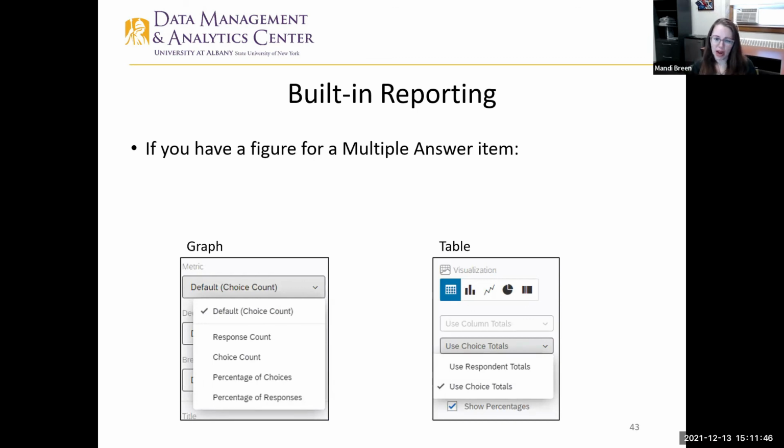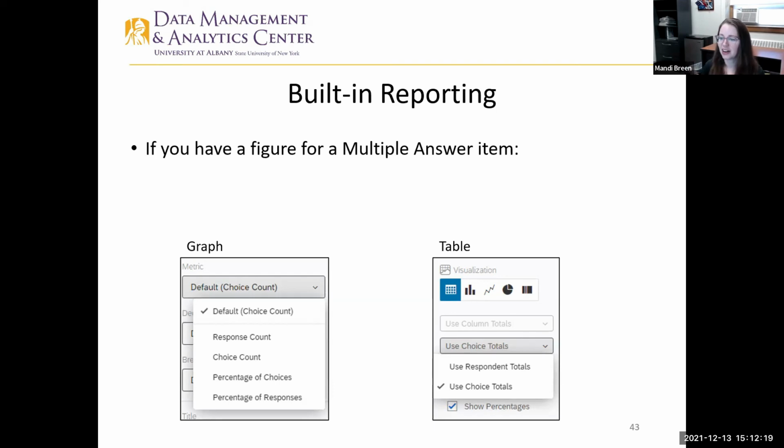One other thing to keep in mind is that if you have a figure for a multiple answer item, you want to make sure that you're using the correct denominator, because one respondent could pick multiple items in a survey, maybe in what counties in New York State have you lived in? I'm getting this a little bit confused, guys.